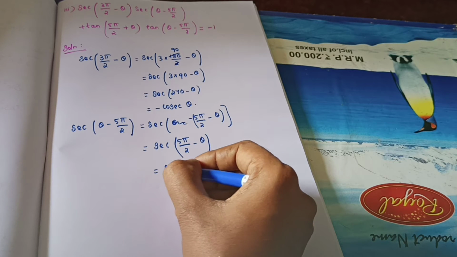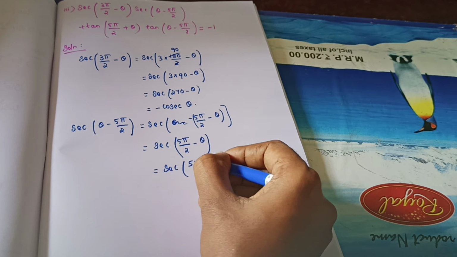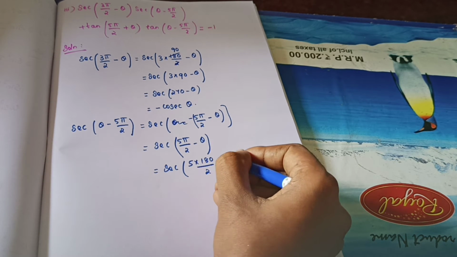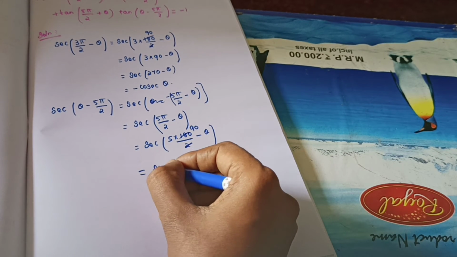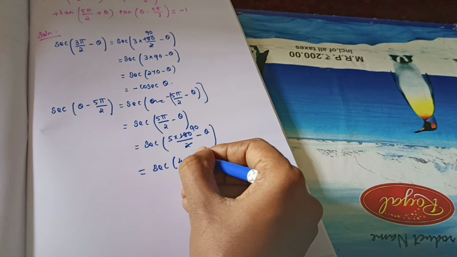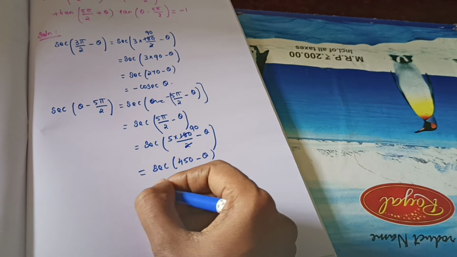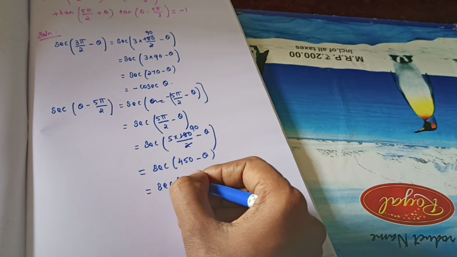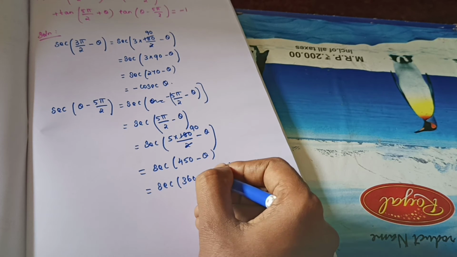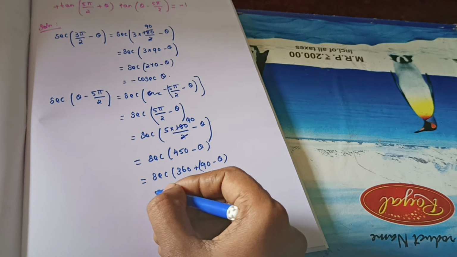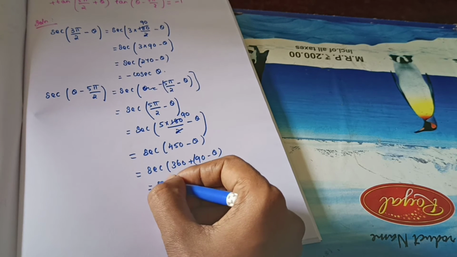That's equal to secant of 5 into 180 by 2 minus theta. So that's equal to 450. Secant of 450 minus theta. You need to split it. How will you write this? 360 plus 90 minus theta. So 360 plus theta, what's the value? Secant theta.